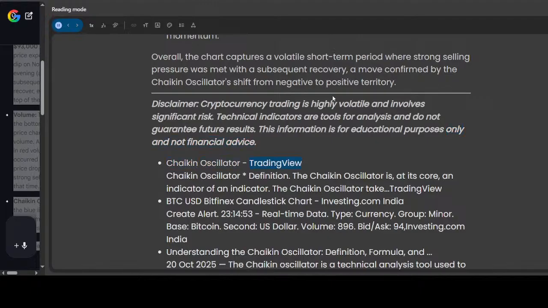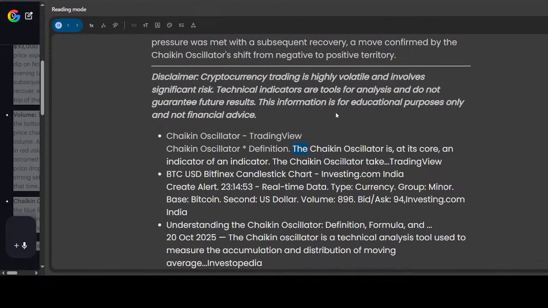Chaikin oscillator, TradingView. Chaikin oscillator definition. The Chaikin oscillator is, at its core, an indicator of an indicator. BTC USD Bitfinex candlestick chart, Investing.com India. Real-time data. Type: currency.